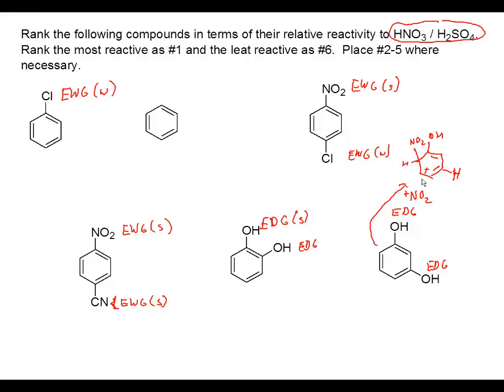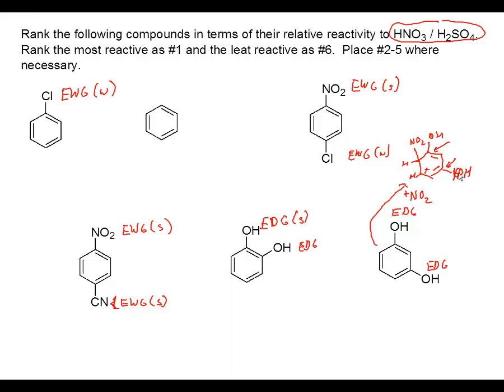And of this carbocation, you're actually going to see the positive charge delocalized here and here. So the carbocation you get is actually stabilized by both of the OH groups.